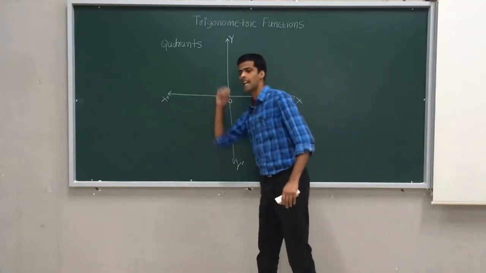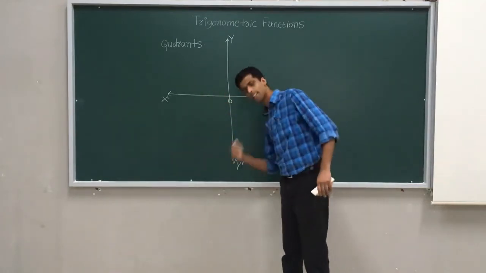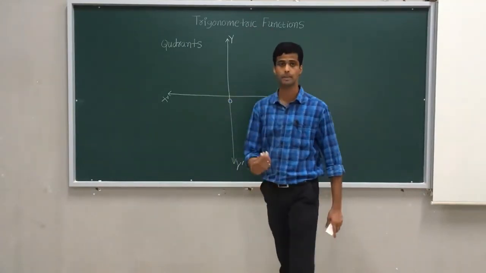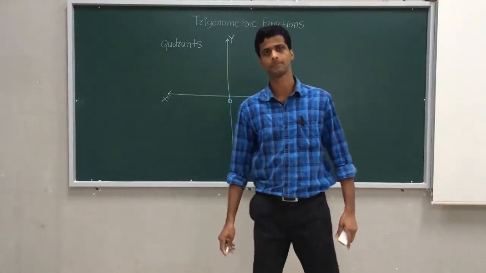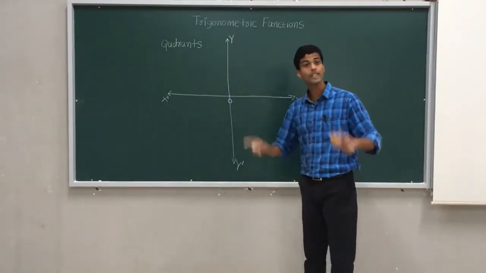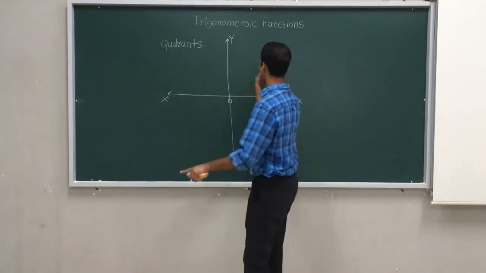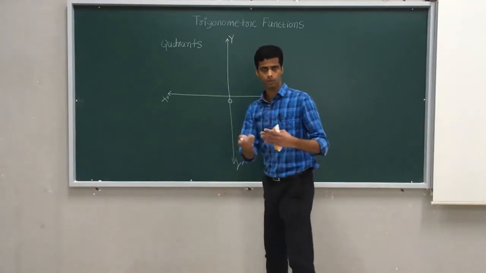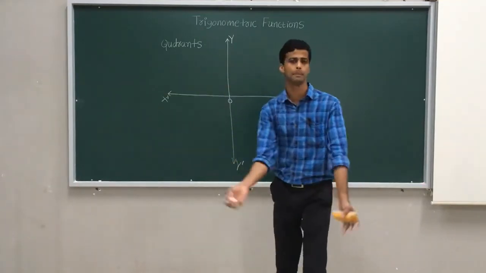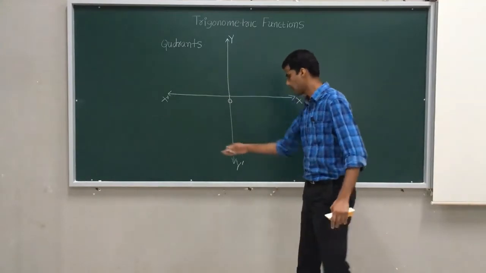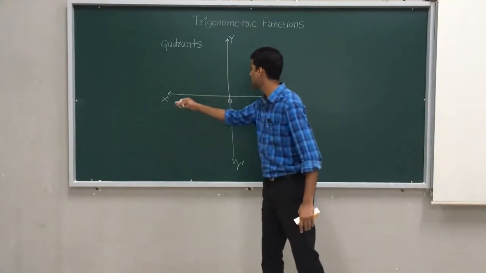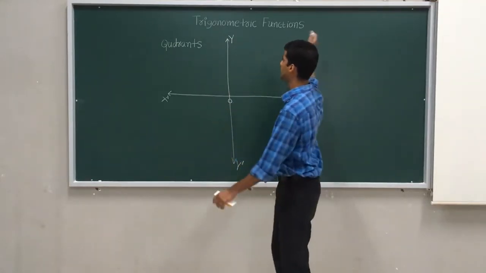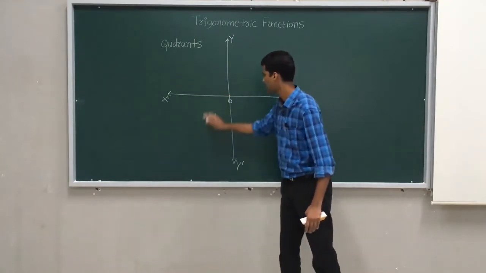If X O X dash and Y O Y dash are two straight lines which are at 90 degrees, or let me use the technical word, at right angles, they divide the plane into four compartments.